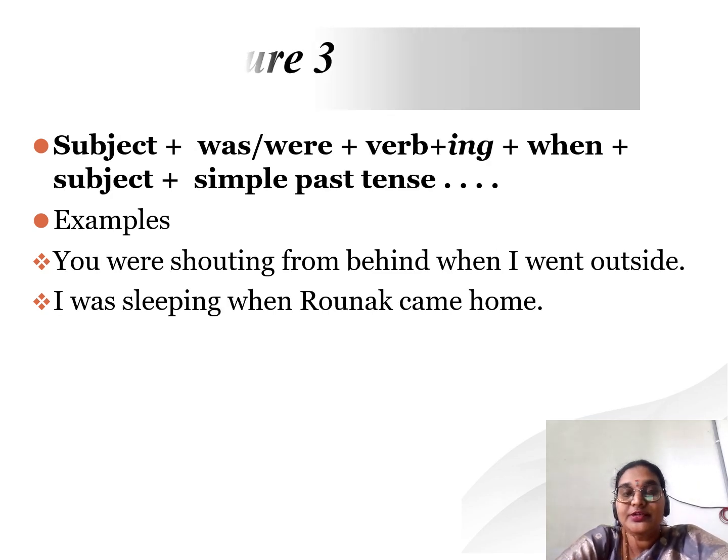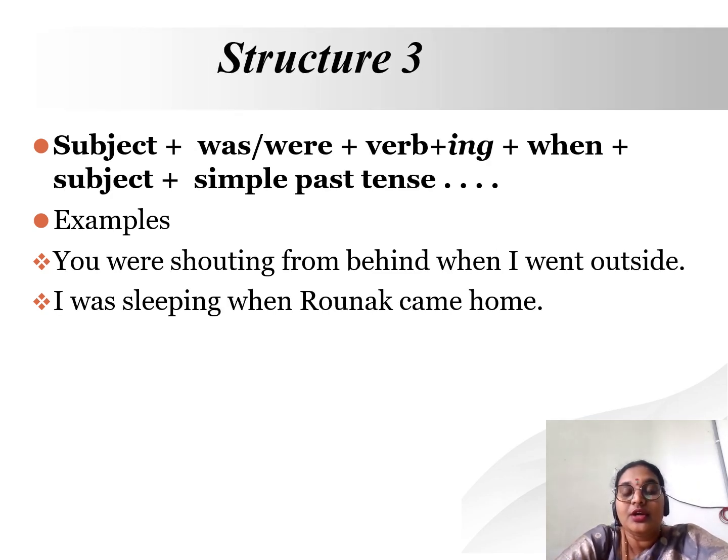If you can see structure 3, you were shouting from behind when I went outside. In the earlier structure we used when as the starting part of the sentence, and in this second structure we used when or while in the middle, so that we can take the help of both kinds of sentences to express the actions which were happening at a particular point of time in the past.